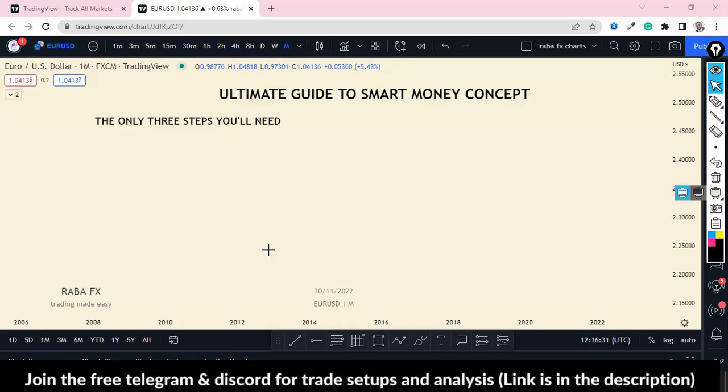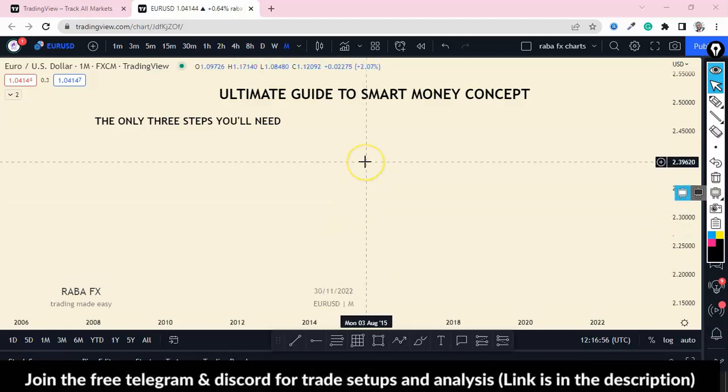So what do we have to do in order to be among the 5%? We have to follow the banks, and that is where the smart money concept originated. We are trying to follow the bank's footprint because they leave footprint in the chart, and I'm going to show you in today's video how to discover that footprint and what you should be doing instead.